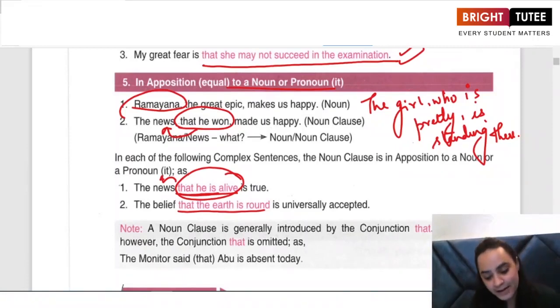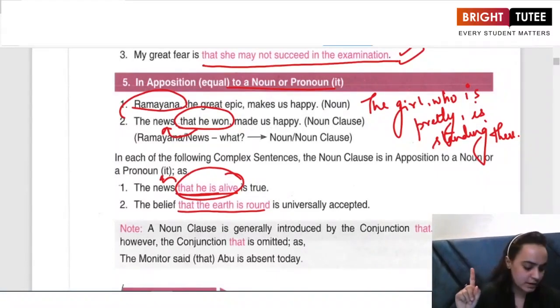So what are the five different types of noun clauses and their positionings that we have learnt about? The first one is when my noun clause acts as a subject. It will take the position before the verb. When it takes the form of an object, it will take the position after the verb.